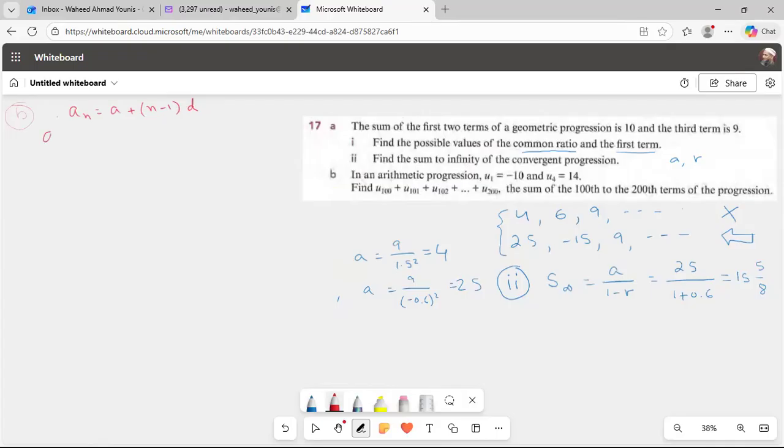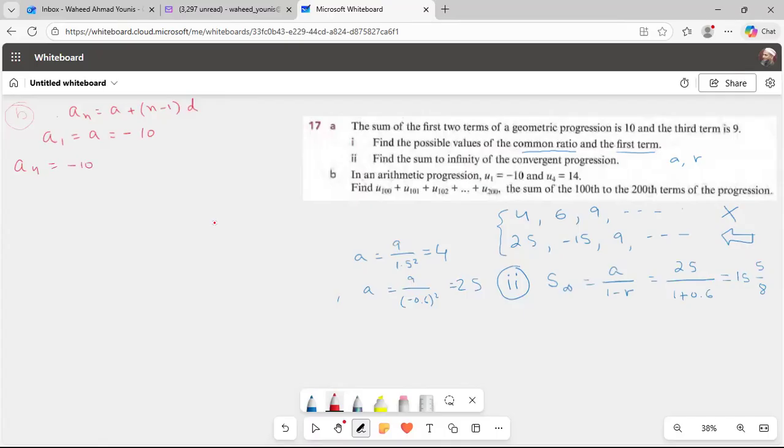So the first term, we can also call it A, this is given as minus 10. Okay, he's calling it U1, but I'm calling it A1. So don't be confused. U1 is first term, A1 is first term. It's the same thing.